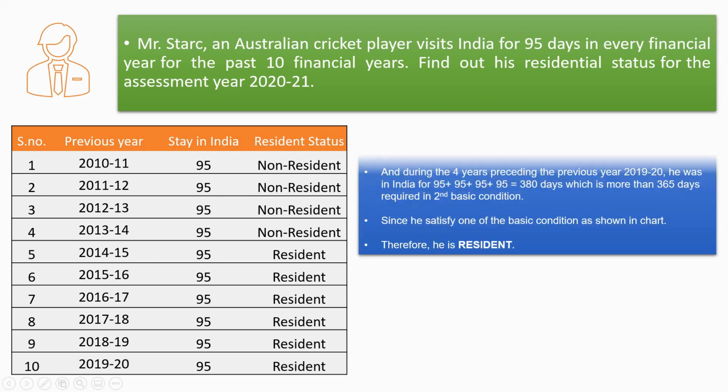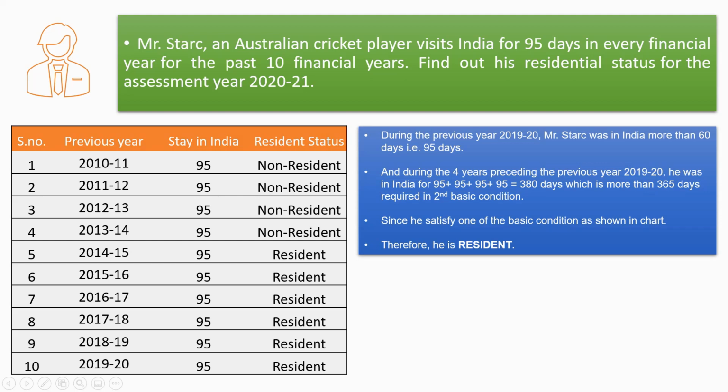Next we move on to second basic condition. His stay is more than 60 days, and during 4 years preceding the previous year his total stay is 380 days, which is more than 365 days, as required in second basic condition. That means he is resident for previous year 2019 to 20.